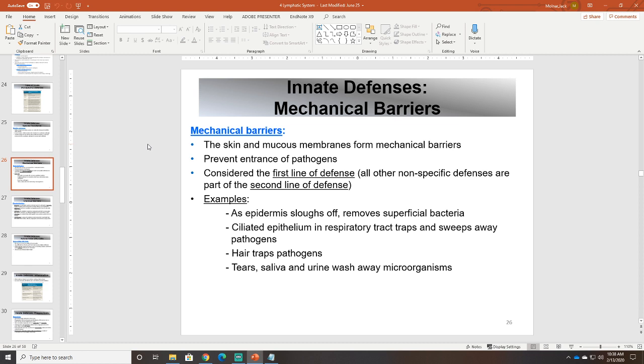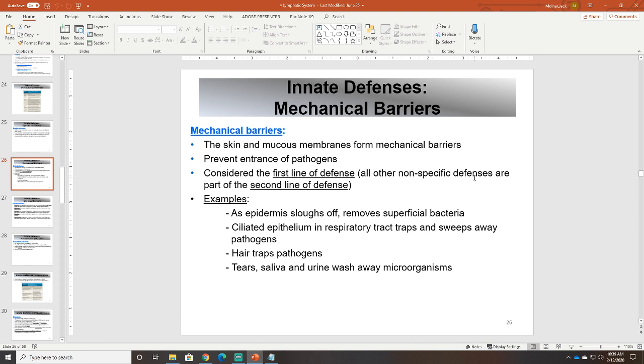Anyway, back to this. So we also have mechanical barriers. I mentioned the skin a little bit. The skin and mucous membranes form mechanical barriers, physical barriers that keep pathogens out. They're non-specific because they keep out all pathogens, or ideally, right? So they're considered the first line of defense against all bacteria and fungi and viruses.